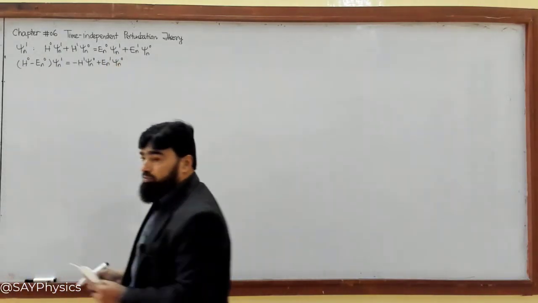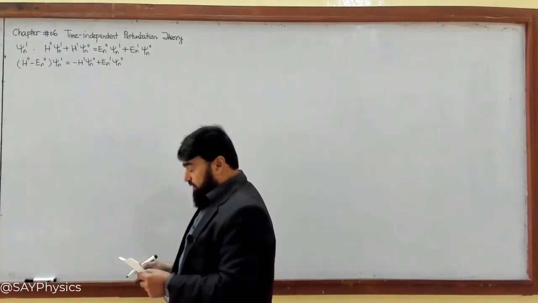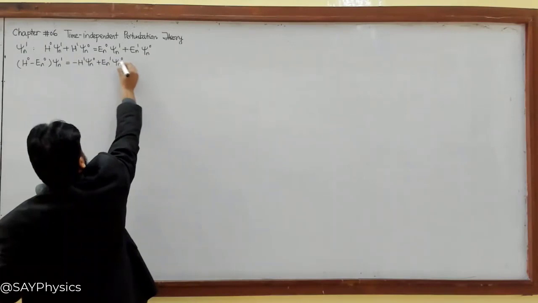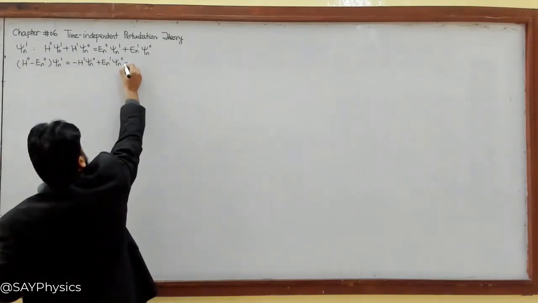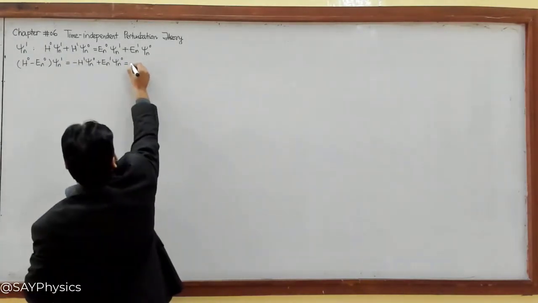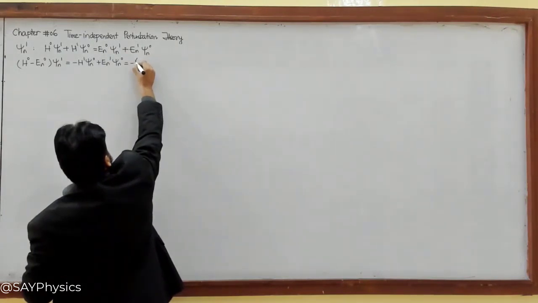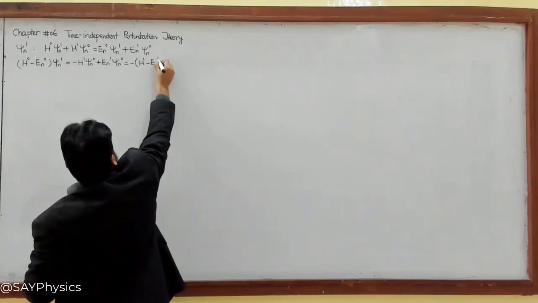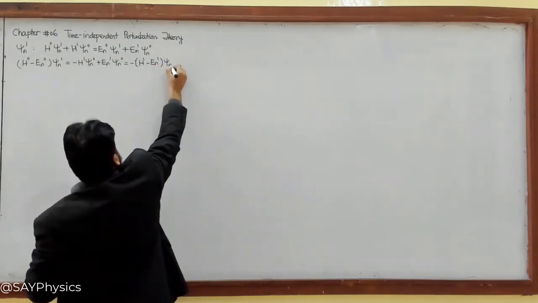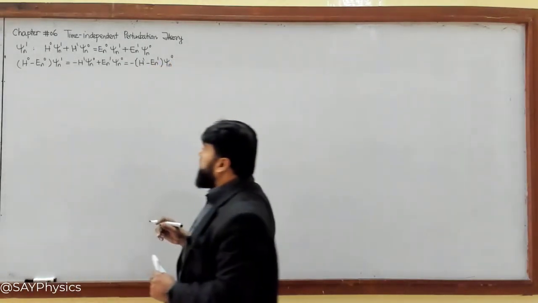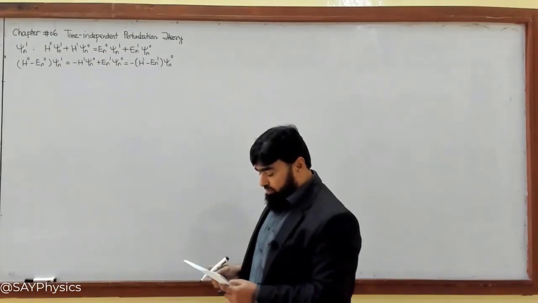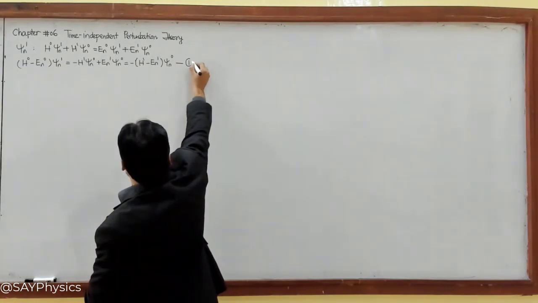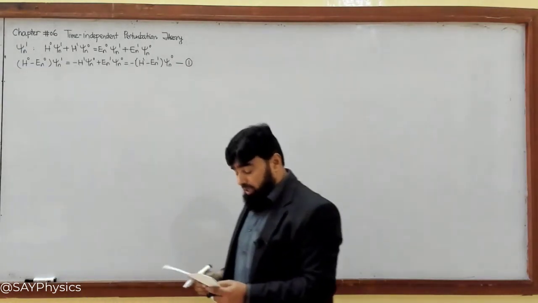I have just shuffled them, and now I can further write this, taking psi n0 as common, as minus h prime minus en1 times psi n0. So this is the equation. Let's say I call this equation 1.